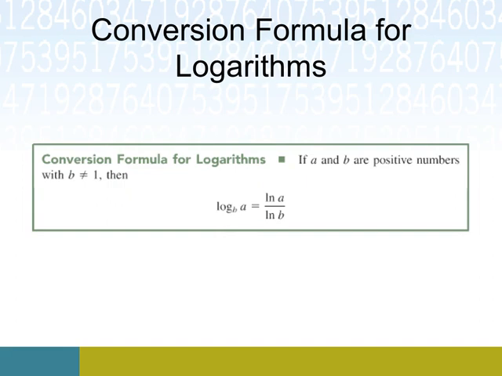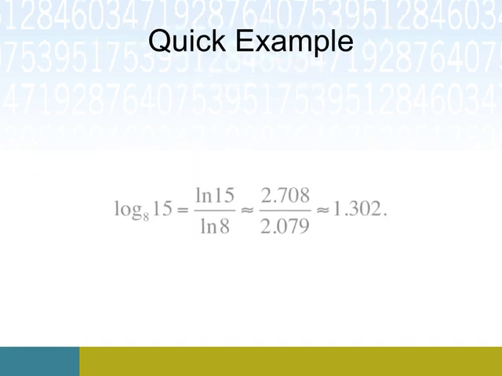So I need to convert it to something that my calculator is capable of handling. The two things that most calculators have as far as logarithms are concerned are a common log base 10 button, and a natural log button. We're going to choose the natural log button since that tends to be the favorite as far as bases are concerned for logarithms.